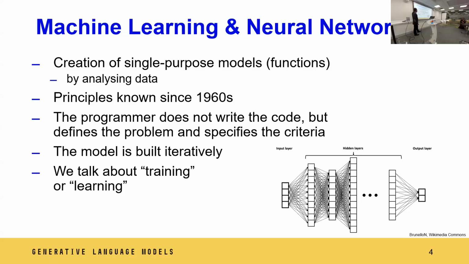The programmer doesn't write the code, but defines the problem and then specifies the criteria to evaluate the quality of output. In terms of generative AI or the language model, the problem is: here is the seed, the beginning of a sentence, and give me the next word that would best fit the current context.